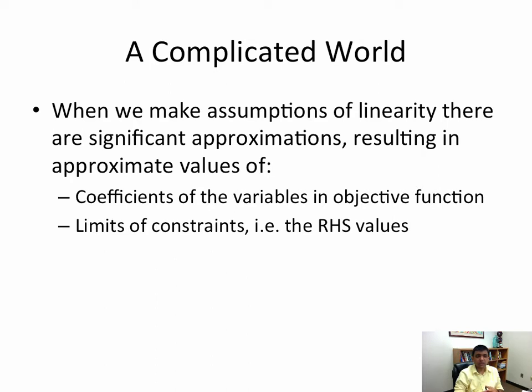But again, one can argue that those numbers can change as well. Finally, it is very likely that when we analyze the system to formulate our LP, we either knowingly or unknowingly do not include some constraints, or after you have performed your analysis, you may want to add a new constraint.